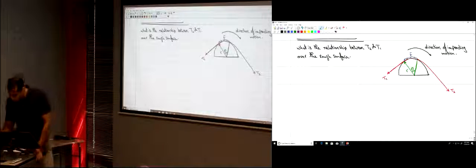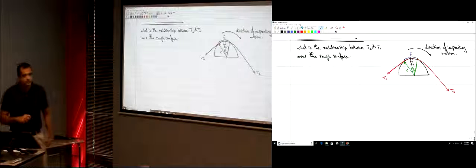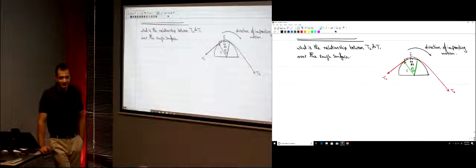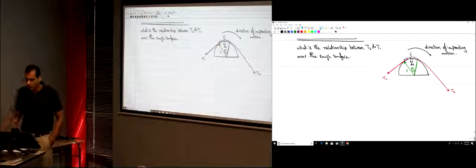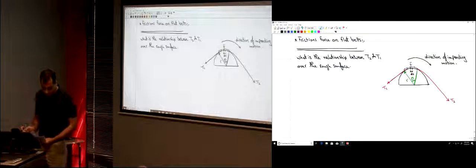So I'm just going to take a small part here, ds. What does ds mean to you? It's so small, right? It's almost zero. That's what ds means, so small that it's almost zero. So I'm going to take this element, which is so small, almost zero, and study the equilibrium of it.